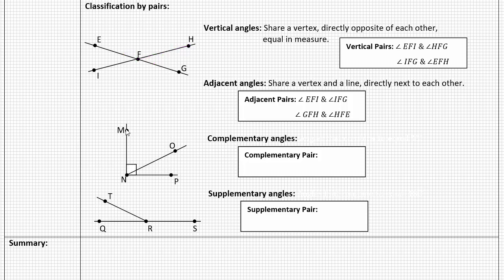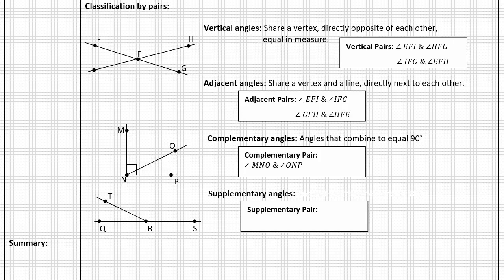This next diagram right here with these angles M and P is talking about complementary angles. So again, as pairs, complementary angles are angles that combine to equal 90 degrees. So angle MNP is a 90-degree angle because it has this box, right, showing that it's a right angle. But notice that there's actually 2 angles inside of it.